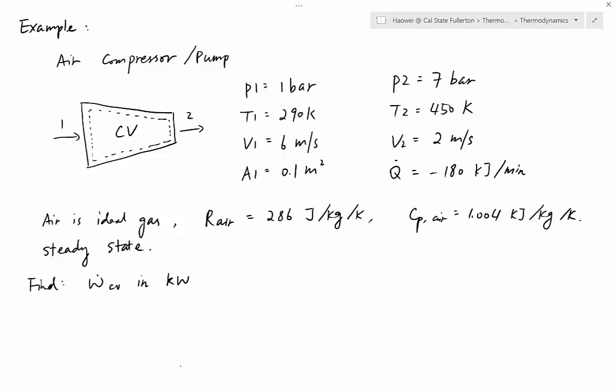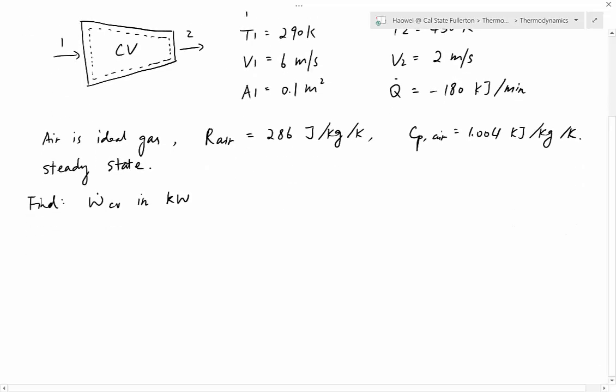Okay, so let's start from the first law. Because this is a control volume, we have to choose the long version of the first law. Q dot minus W dot CV plus m dot. Here, I don't need a subscript for mass flow rate because the system is at steady state, so mass flow rate is constant.